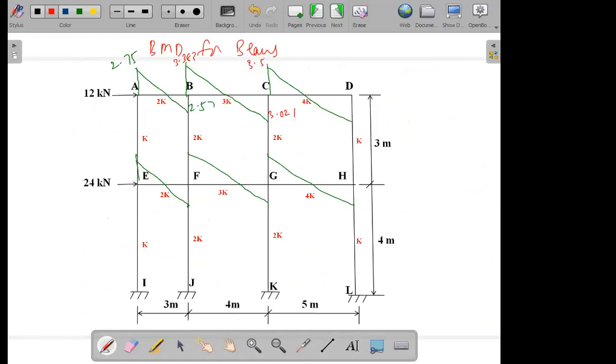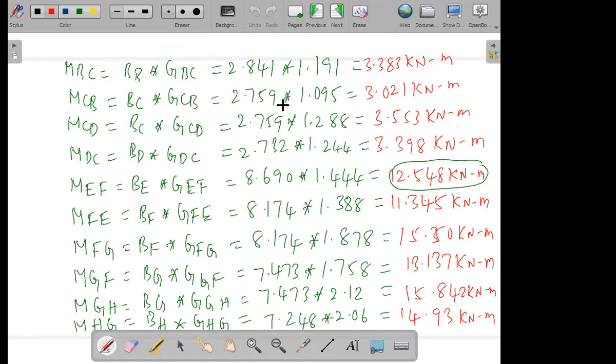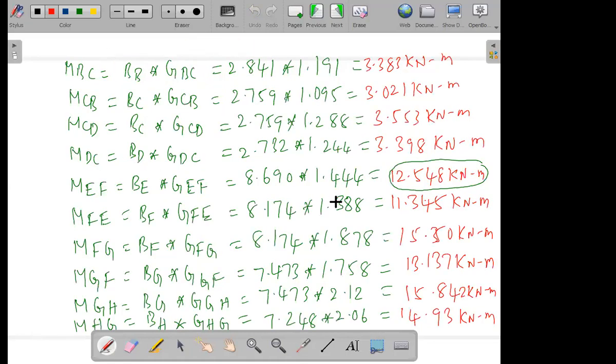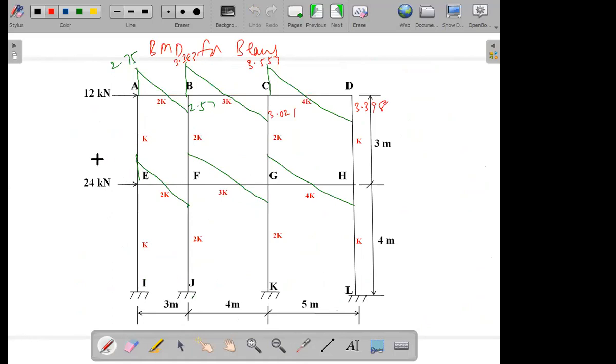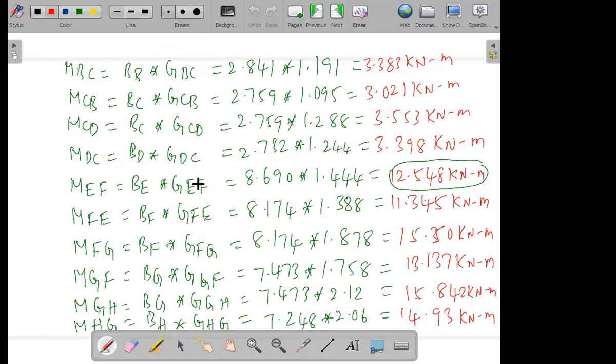And DC 3.398. Next, EF value 12.548, and FE value 11.345.